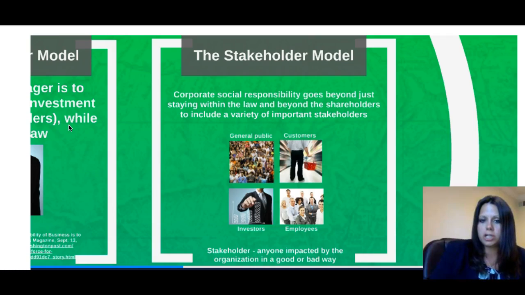Okay, so it includes the shareholders, it includes the investors, but it also includes the general public, customers, employees, the community, anyone impacted in a good or bad way by the business. Again, that's what we call a stakeholder. Be careful not to confuse a stakeholder, which is anyone impacted by the business, with a shareholder, which is just one stakeholder in many. Okay? Under this model, it's not just about profits, it's also about considering these other groups.